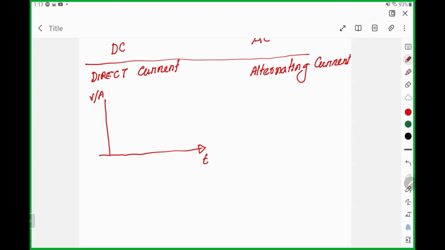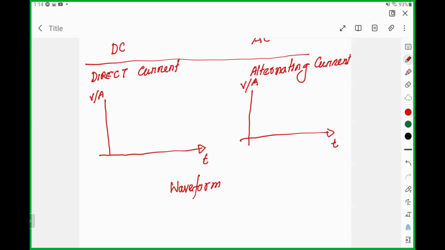And this has a special name. What is that called? All of you know this. Whenever I plot an electrical quantity against time, that has a special name. No, this is called the waveform. All of you know, right? This is called the waveform, representing any quantity against time or angle.